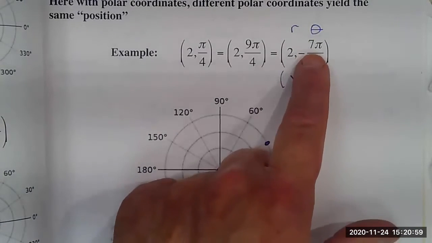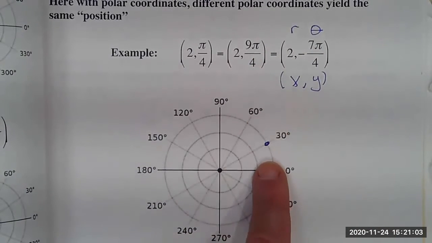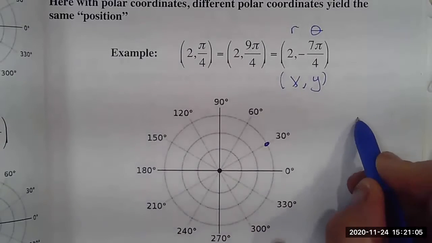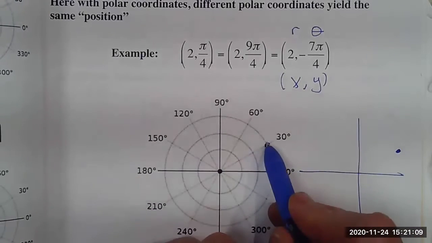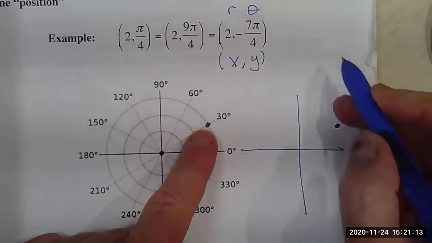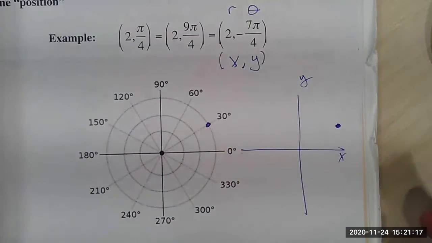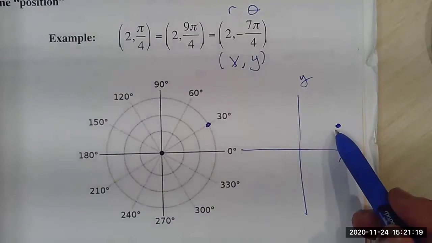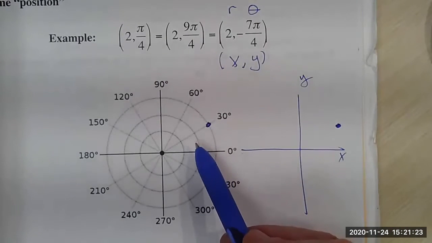Use the R's and thetas to come up with the X and Y that would place this dot right about there. And then vice versa, if I gave you rectangular form and you needed to push it over into polar form, I'm going to show you how to do that.